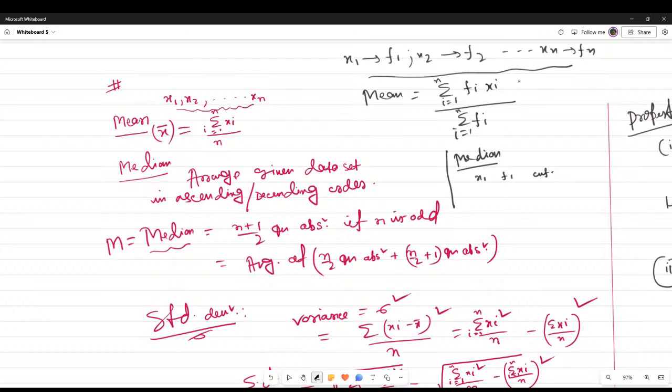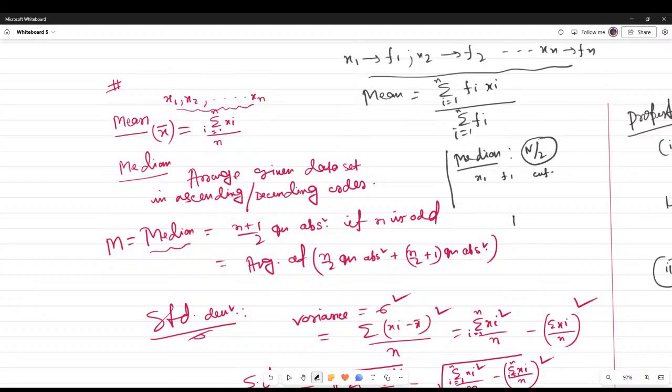Then you find the median class. How do you find the median class? Total frequency divided by 2. You will find in which interval this observation lies. You should make the interval continuous first while finding the median.